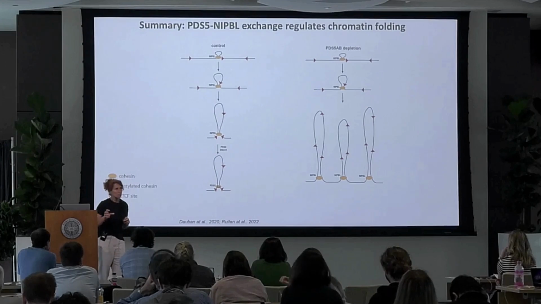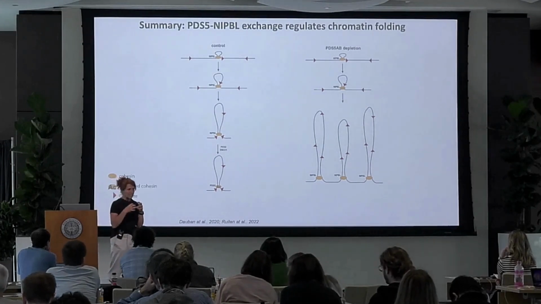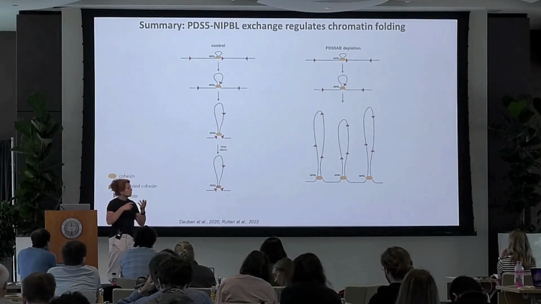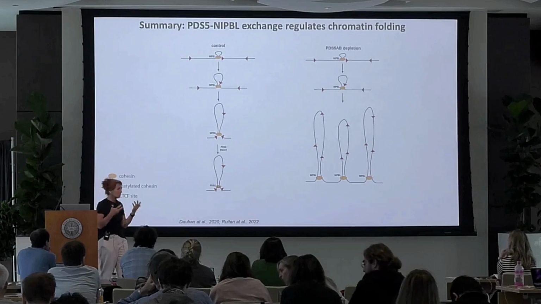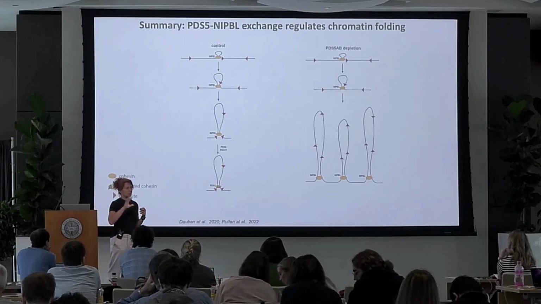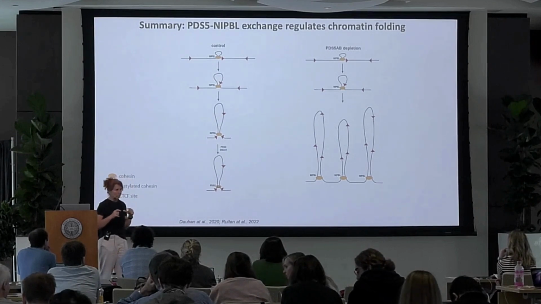It has been proposed in yeast that PDS5 and WAPL are binding partners. So if you deplete one, the other will also come off, and that's going to be a release. Basically, both are important in the same pathway to release cohesin.